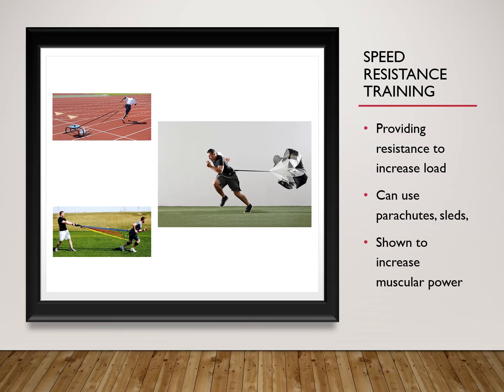Okay, because we have that slightly longer time period with which to exert it. So by using some form of resistance, we can better match the mechanics that you get for acceleration, and also the kinetics in terms of slightly longer ground contact times and slightly higher absolute forces, helping us to develop that reactive strength, which is so important for accelerating, and which we know is also really important for agility and change of direction.